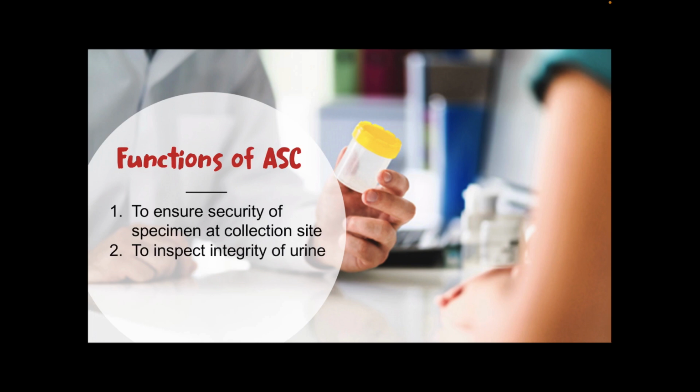The ASC will check the temperature, the physical properties, the volume, and other parameters of the urine specimen. The specimen submitted by the donor must be tested for validity by the ASC prior to the actual drug testing procedure. This is to make sure that the specimen was not adulterated or tampered with by the donor. And lastly, to record the specimen.